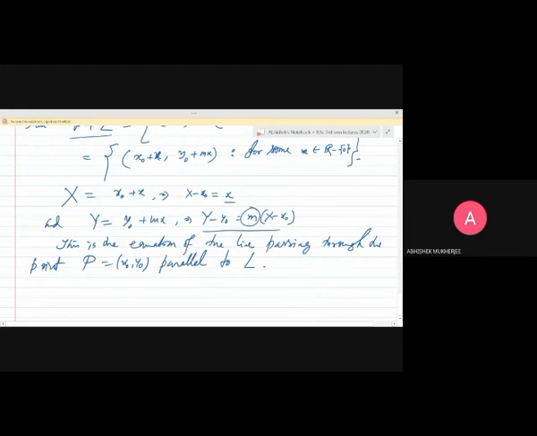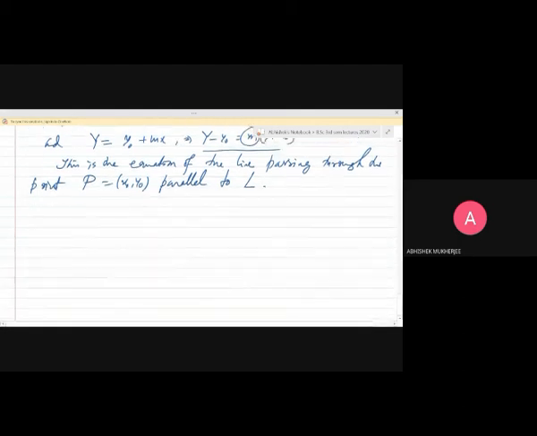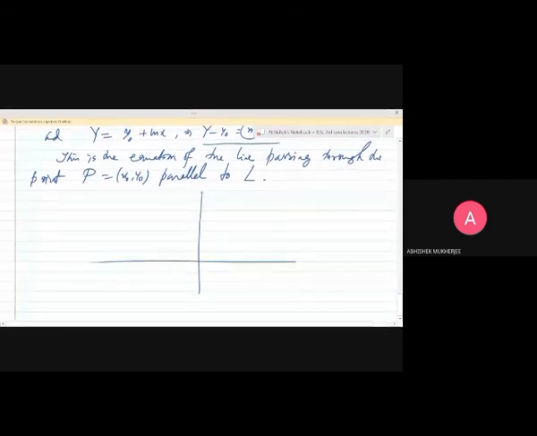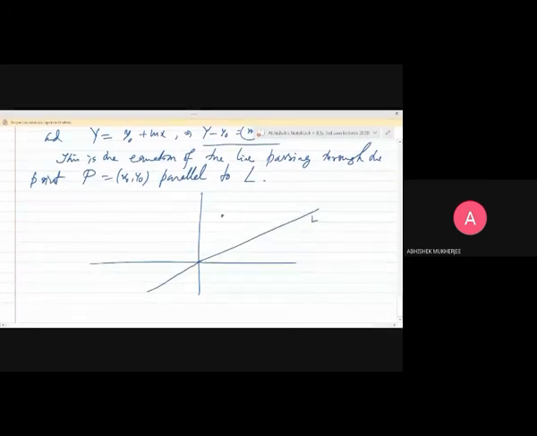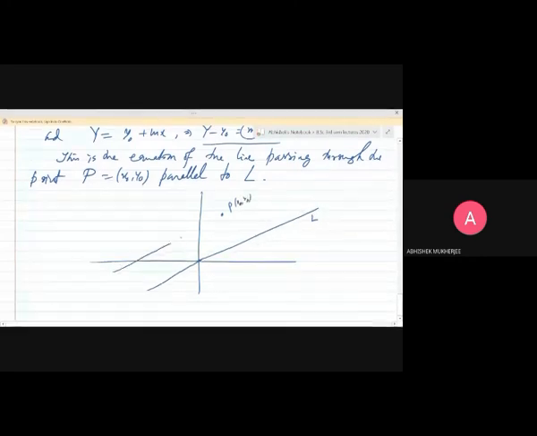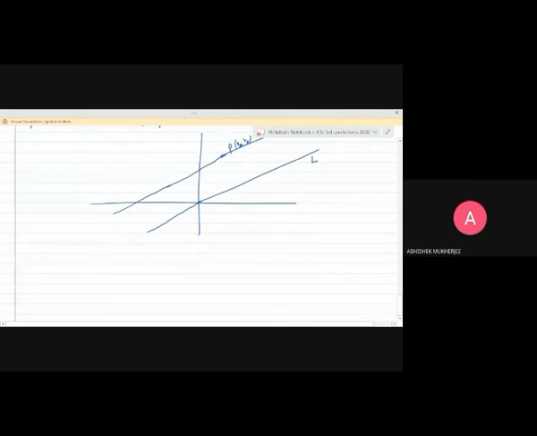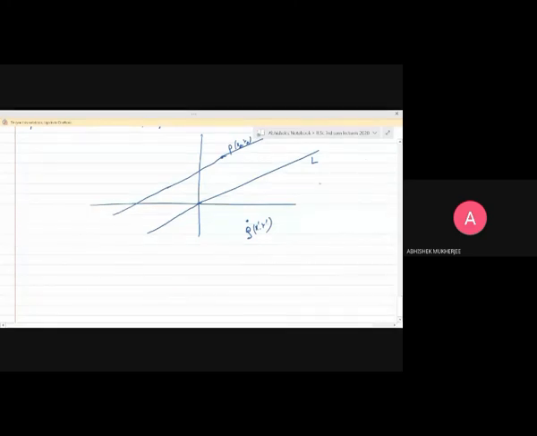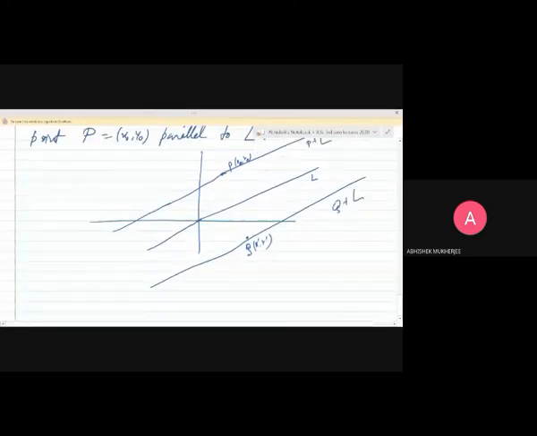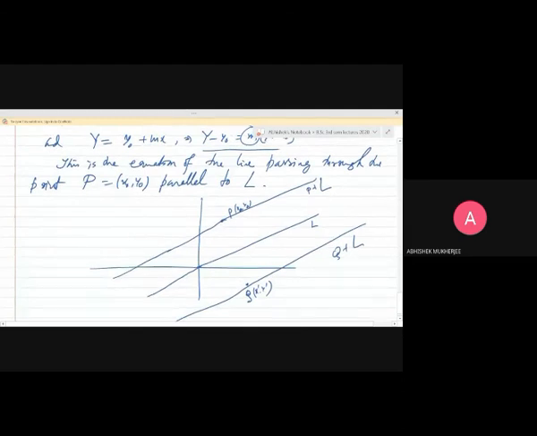Fine. So if this is your L, and suppose here it is your P, (x0, y0), then this is your left coset, P plus L. Suppose this is your Q, (x', y'), then this will be your Q plus L. So what are the left cosets of L in R2?